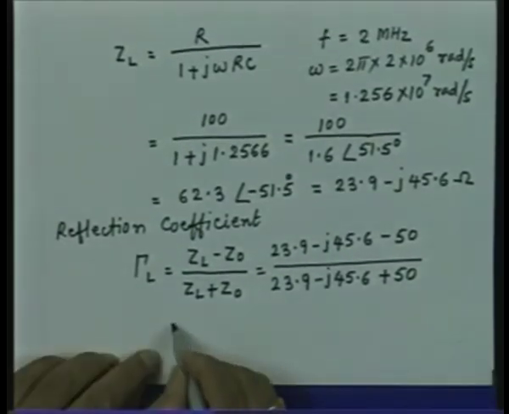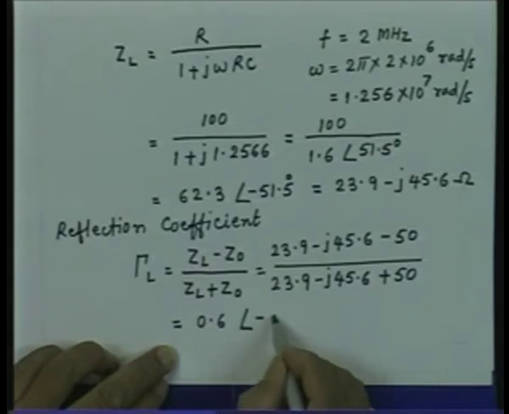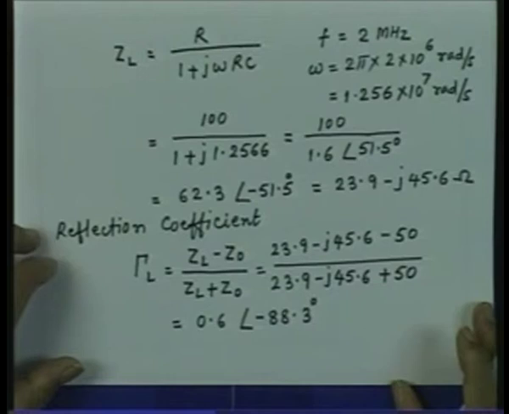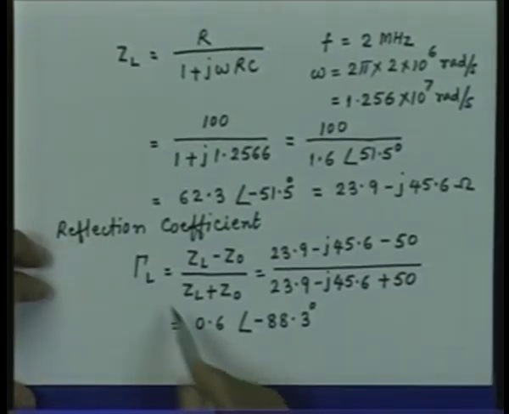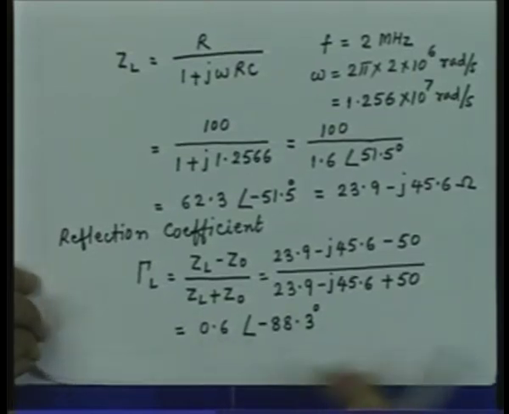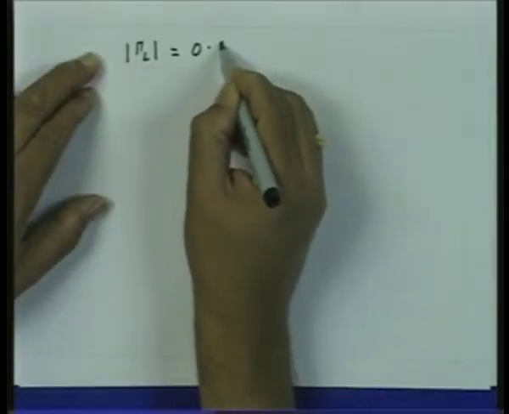By solving this, we get the reflection coefficient as 0.6 angle minus 88.3 degrees. So, the magnitude of the reflection coefficient, mod gamma L, is equal to 0.6.